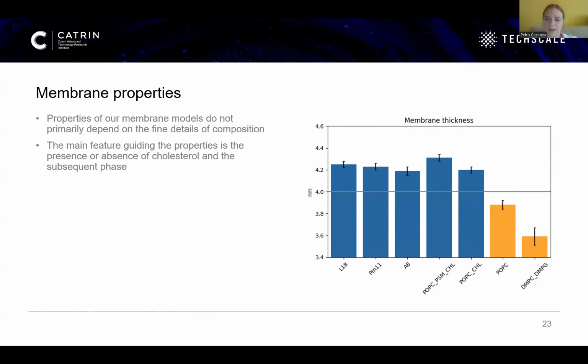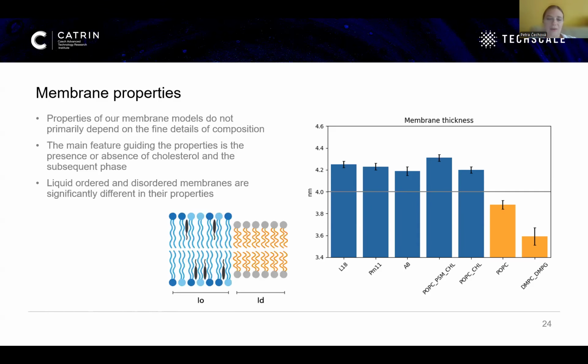And then we have two membranes that have different thickness. The difference is that all of these membranes in blue contain cholesterol, and these two don't. I chose to show membrane thickness because that's the clearest way to show this. What we can see here is the difference between liquid ordered and liquid disordered phase, right?